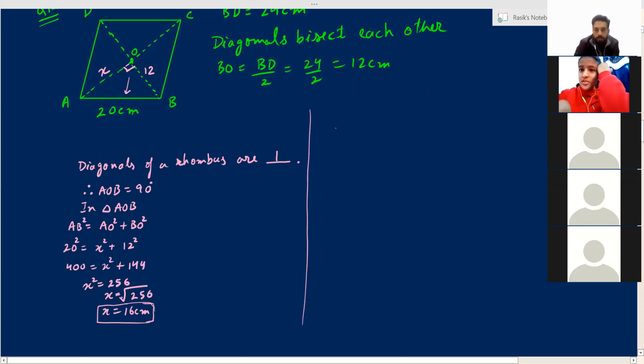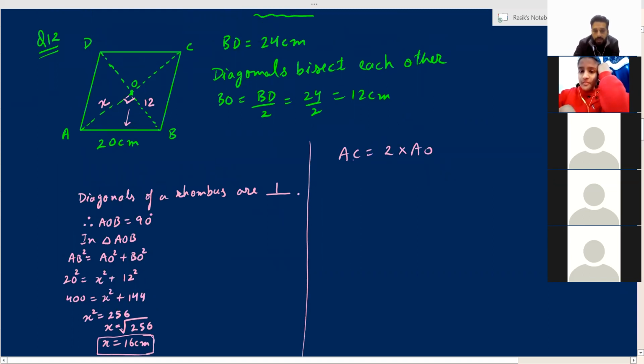Absolutely right. AC is equal to 2 into AO because diagonals bisect each other. AO is half of AC, so AC will be double of AO. AC is equal to 32 centimeters. We have got the length of the other diagonal also. Do we know both the diagonals of the rhombus now? Yes, sir. So we can now find the area easily.